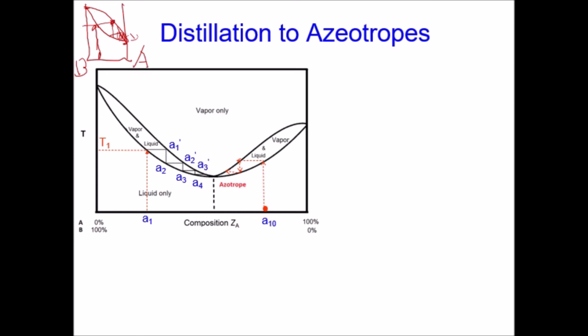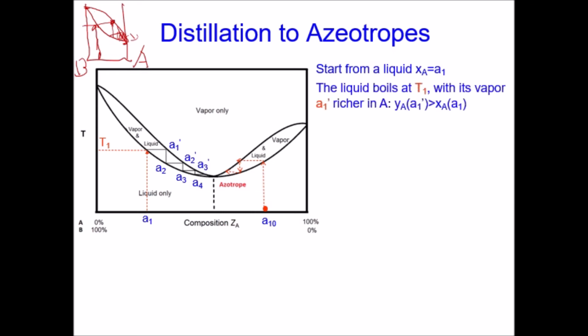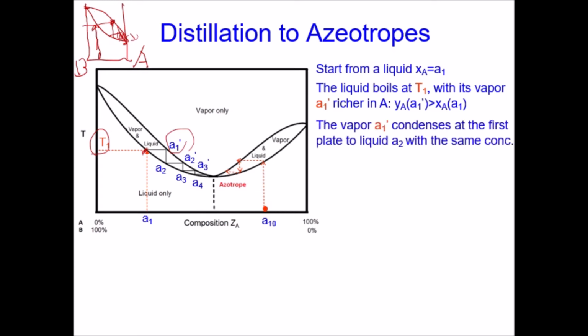Now what happens for a phase diagram with an azeotrope? We start with a liquid A1, so the mole fraction is XA, and when heated, it starts to boil at this point, so the temperature is T1, and the vapor phase is A1 prime, which has a higher concentration of A. So these are similar to the normal phase diagram, and the vapor phase condenses and becomes A2, a liquid.